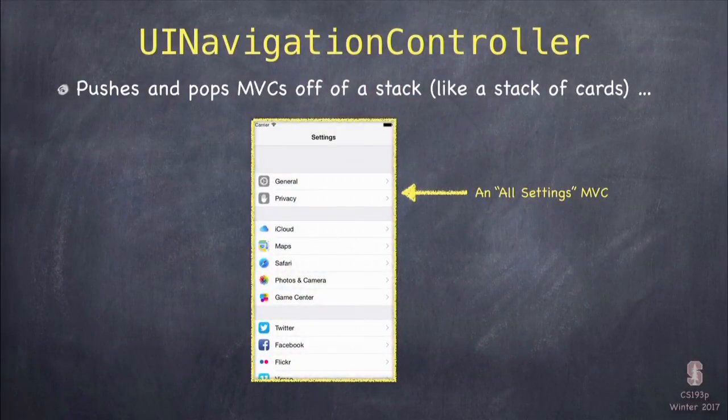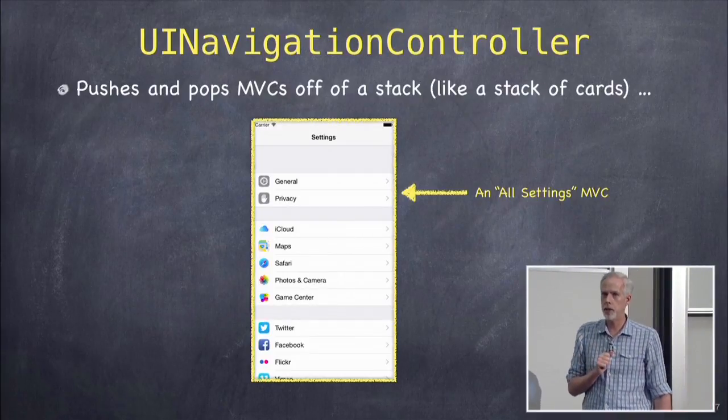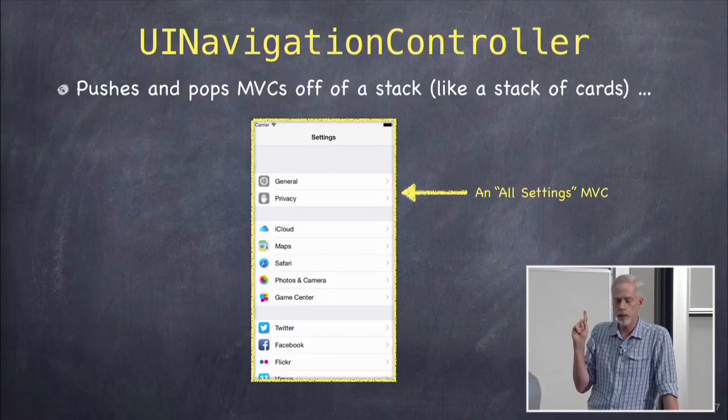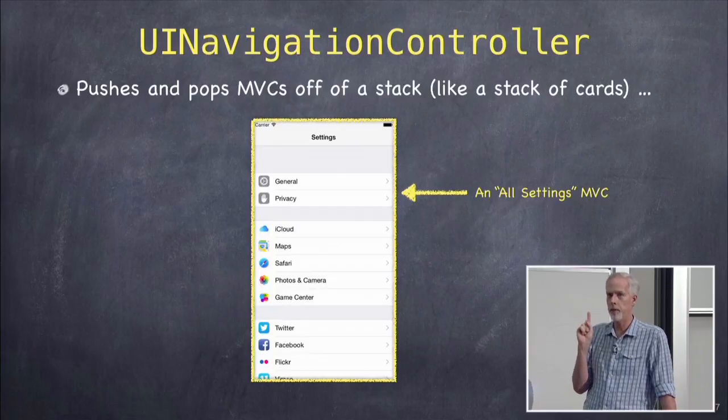All right, now the most complicated one, and the most commonly used one, is a navigation controller. Another MVC that uses other MVCs in its view. So here we see 2 MVCs on this screen: the navigation controller based MVC, and it's showing another MVC, which I'm calling the all settings MVC.